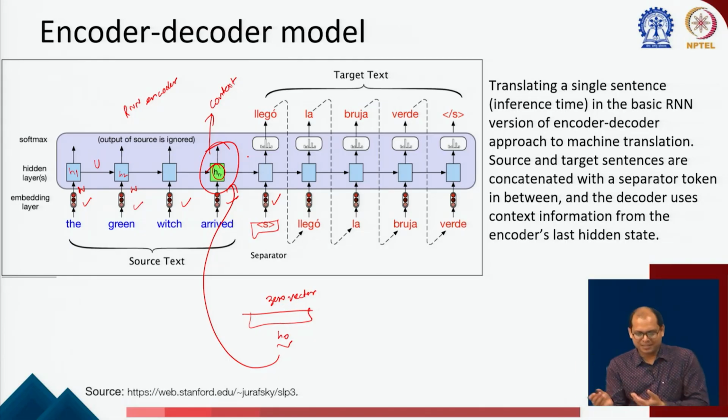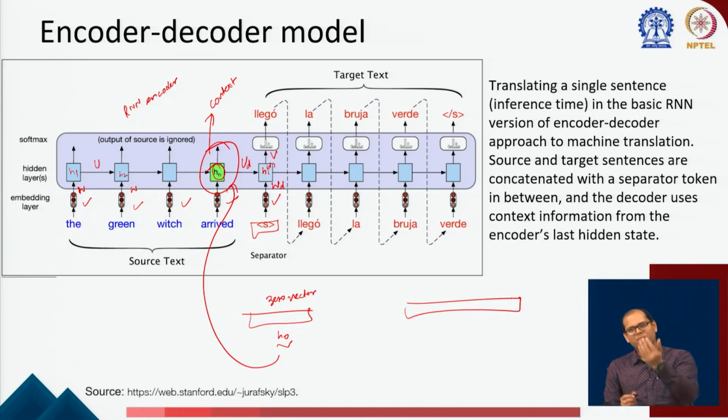You can have a different matrix, so you may have U decoder and W decoder, and you multiply the embedding with this and this with this, apply the nonlinearity, you get your H1 in the decoder.